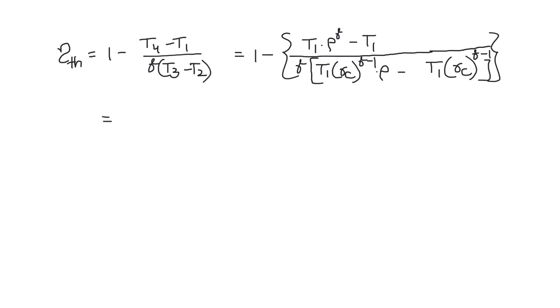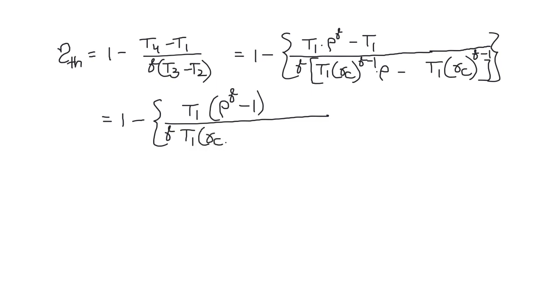In the numerator, let me take T1 common, then it becomes rho power gamma minus 1. In the denominator, let us take T1 into Rc power gamma minus 1 common, then we get rho minus 1. Now T1 gets cancelled.